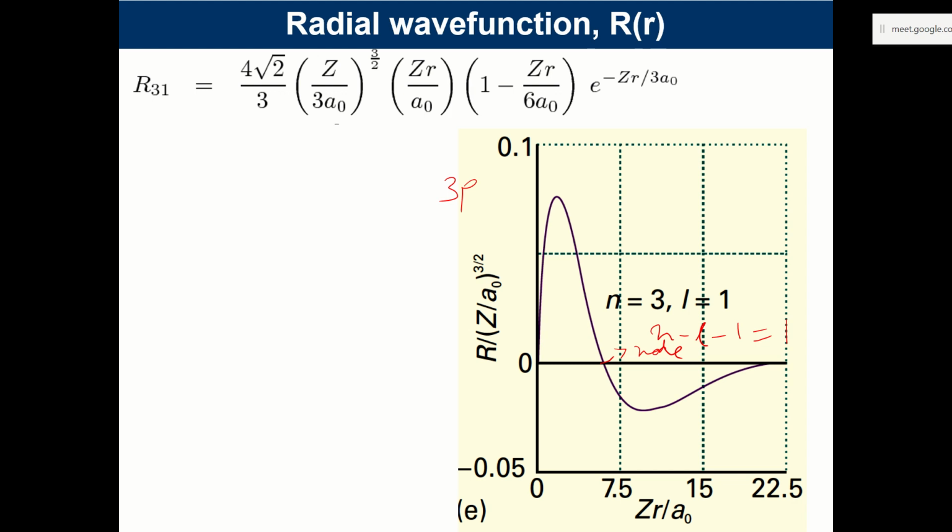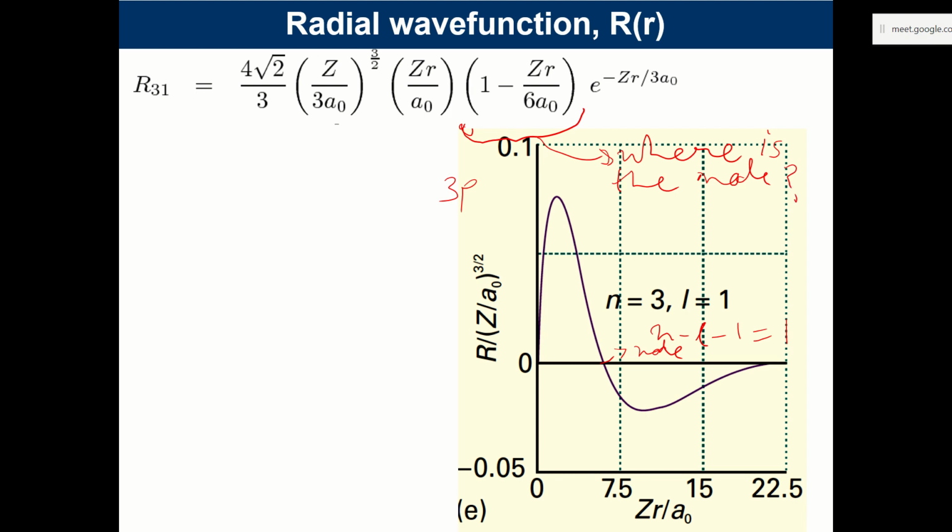And where the node will be, one node is there, and where is the node located, you calculate from this equation. Where is the node, that thing you answer using this part of the equation.